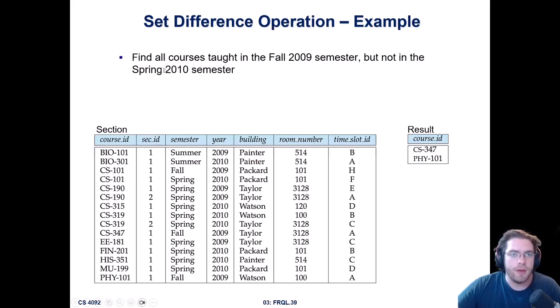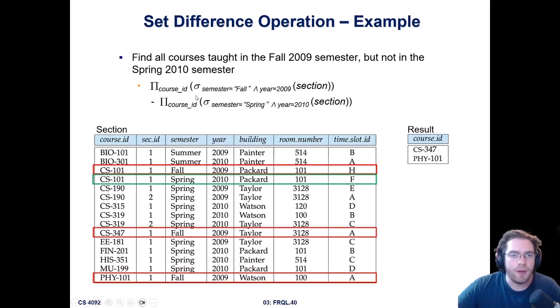When do we want to do this? Same type of idea. Courses that are taught in the fall but not in the spring 2010 semester. We could say, for my first one, select semester fall and year equal to 2009 from my relation section, and project the course ID.